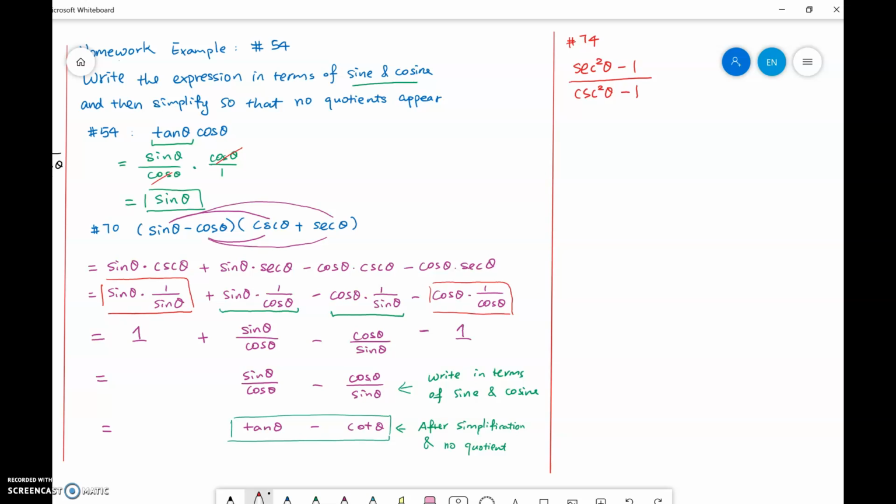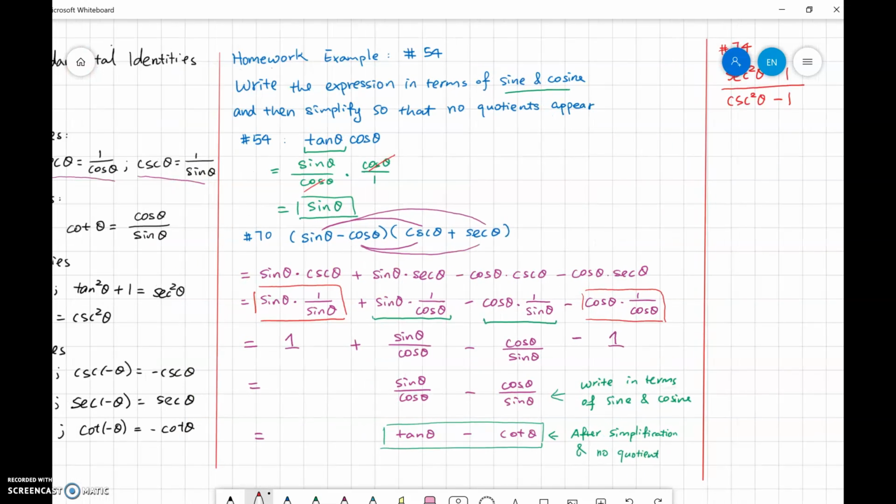Comparing to number 70, we do not really have too much to do besides rewriting the cosecant and secant and multiplying it. Okay, so since we have secant squared theta minus 1 and cosecant squared theta minus 1, those two expressions remind me of the Pythagorean identities.